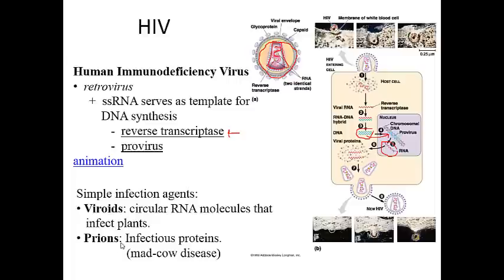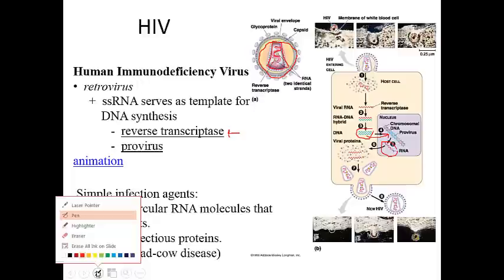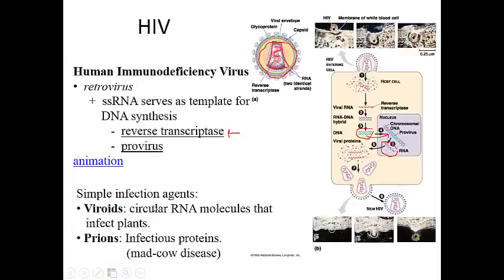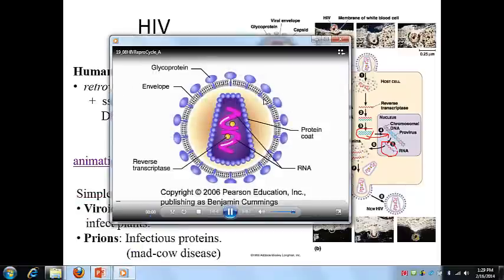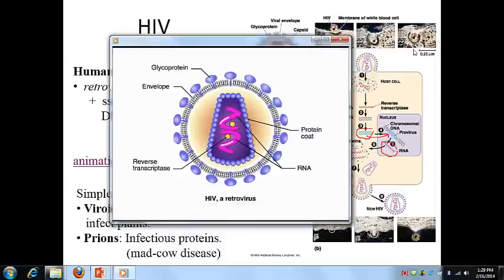Here we see an animation showing us how HIV virus infects white blood cells. Understanding the structure and life cycle of HIV, the AIDS virus, is critically important to dealing with the disease. HIV is covered by an envelope derived from a host cell membrane.